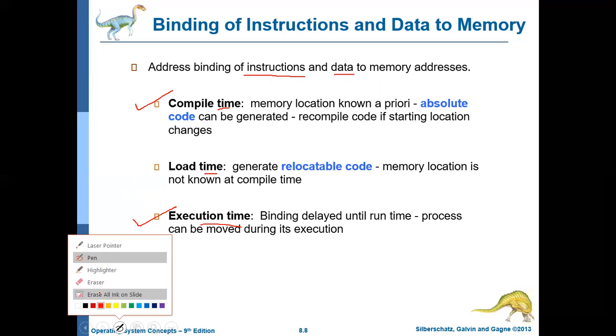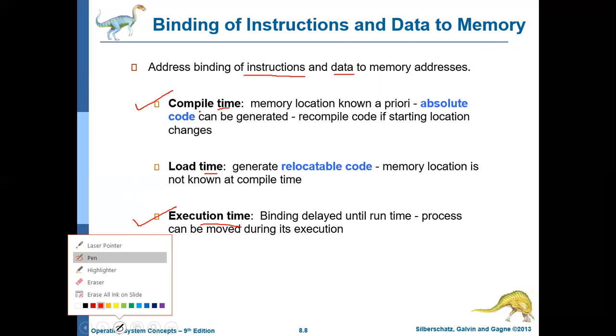First is compile time binding. What is compile time binding? Say if the memory location to which the program is going to get loaded is known already, that is, if it is known during the compile time itself, then during the compile time itself, absolute code or absolute address can be generated, and such binding is called compile time binding.